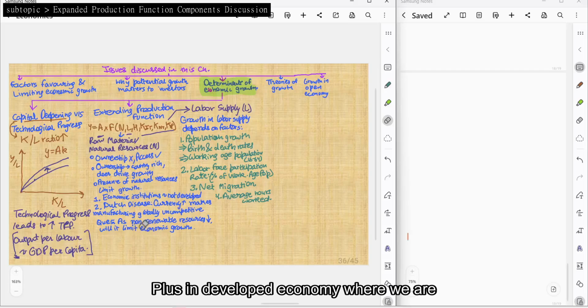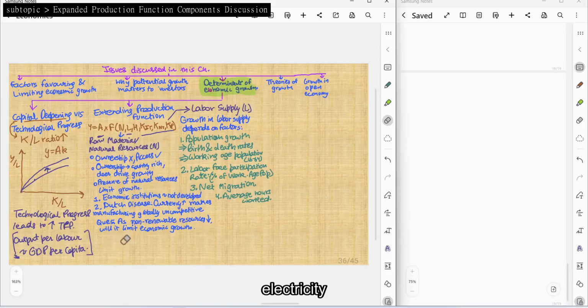Plus, in developed economies, we are seeing a trend of increasingly less dependence on non-renewable natural resources. For example, petrol, which used to be used in cars, is being substituted with electricity or solar energy.